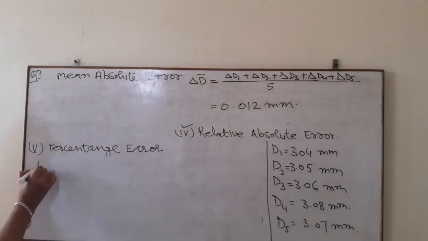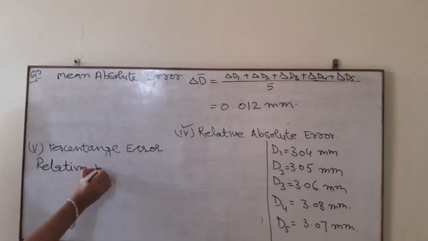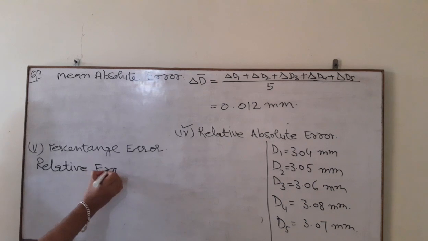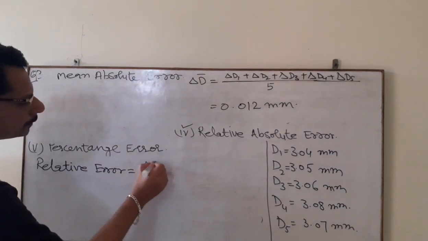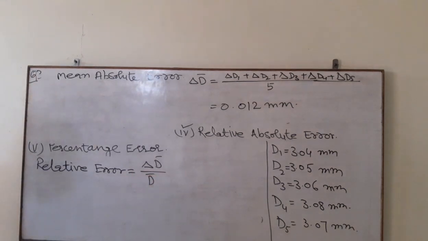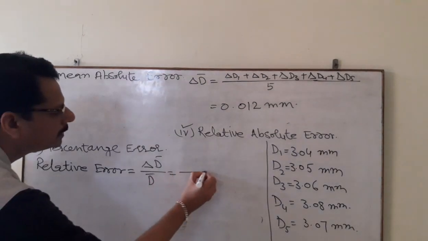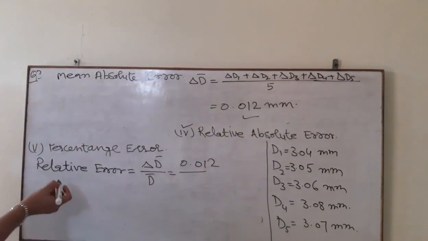The formula of relative error will be delta D bar upon D bar, which is equal to 0.012, and what is your D bar?